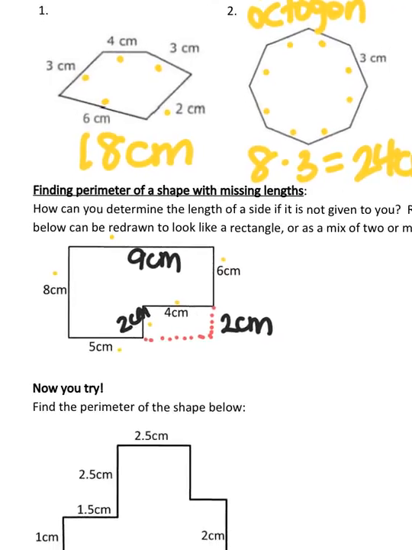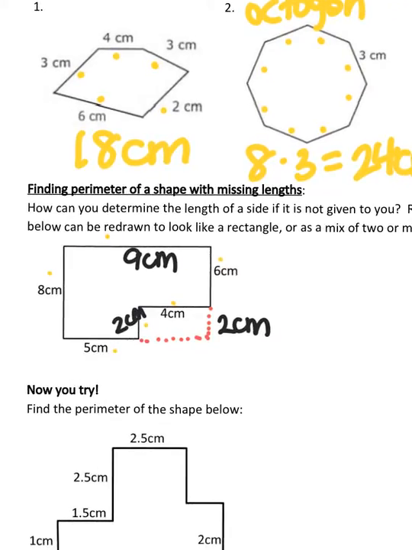Okay, so we've got 9 and 9. We know, let's see, we've got 9, 6, 4, 2, 5, and 8. Okay, so again, add up your things that add up to 10.